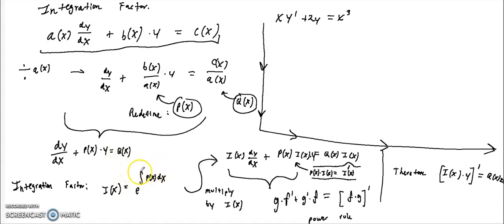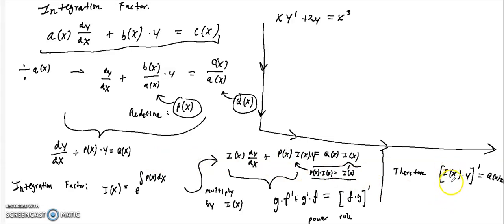And what we want to do is find something that we can multiply both sides of the equation by, where we are able to get something in this form.